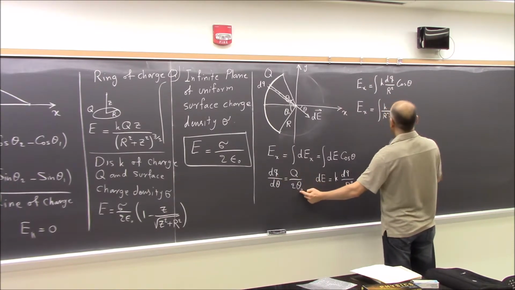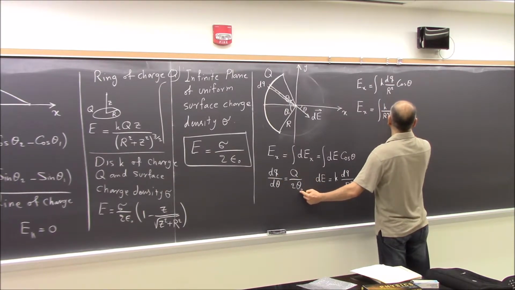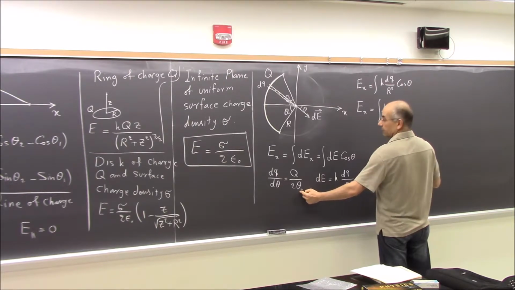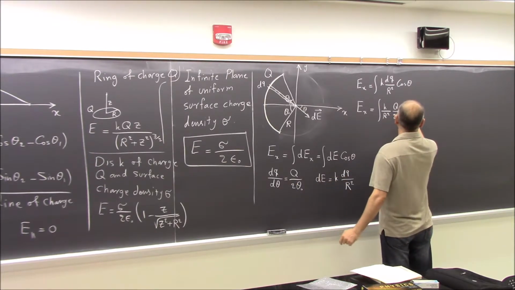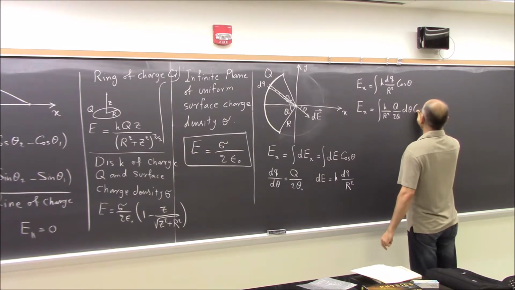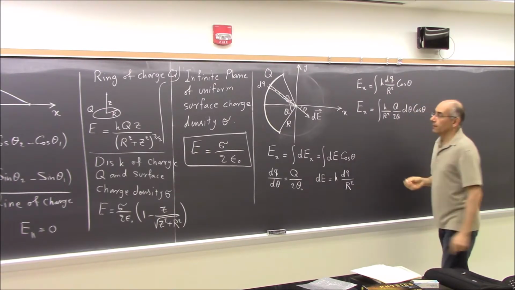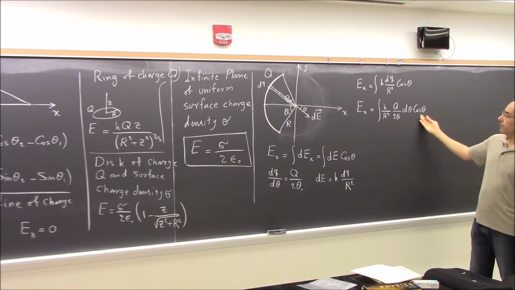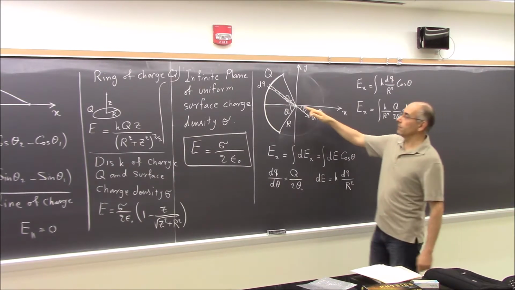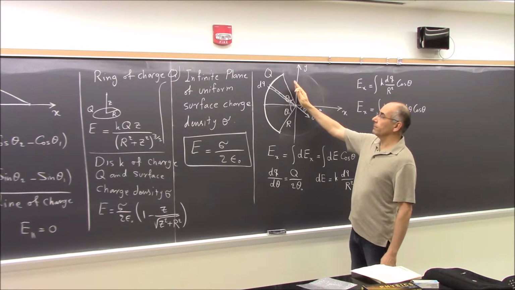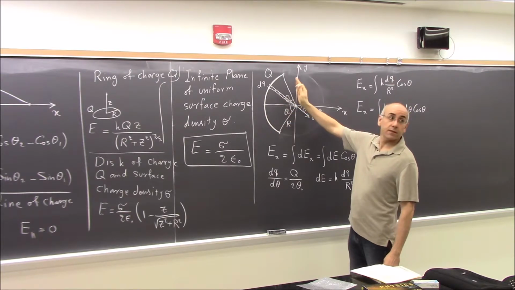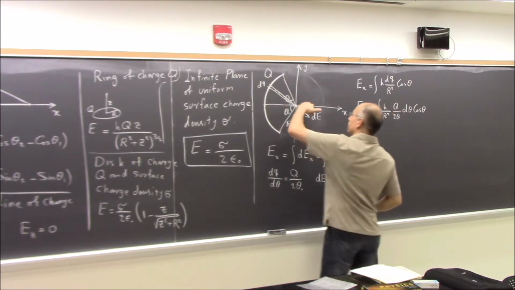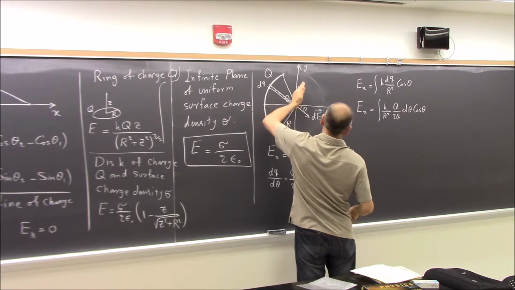Dq will be q over 2 theta naught times d theta times cosine theta. And the integral is over theta. Theta will go from negative theta naught to theta naught.